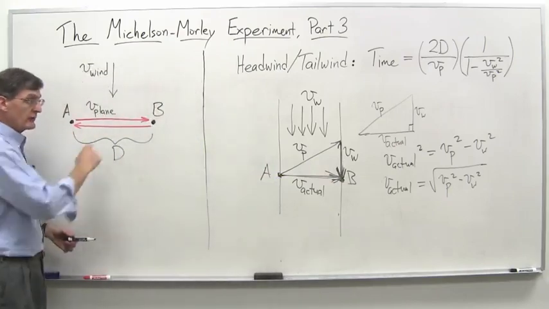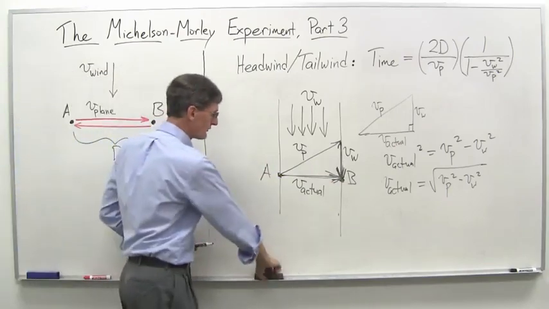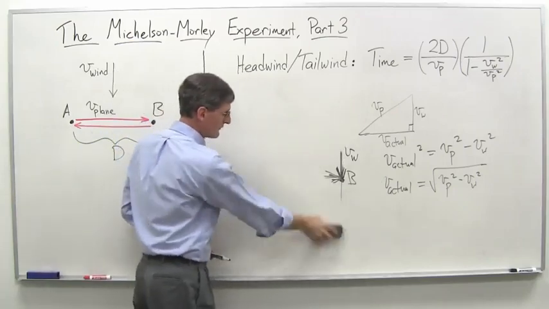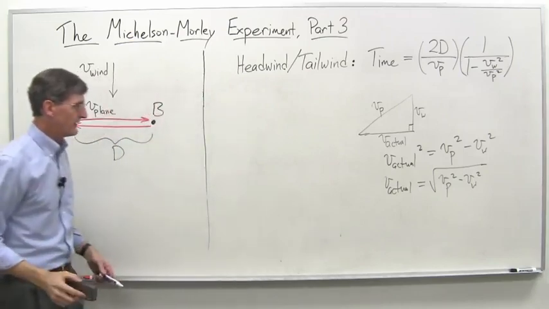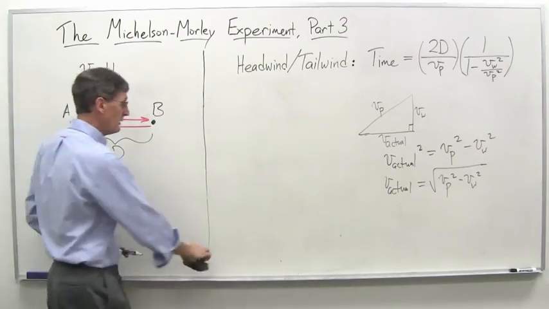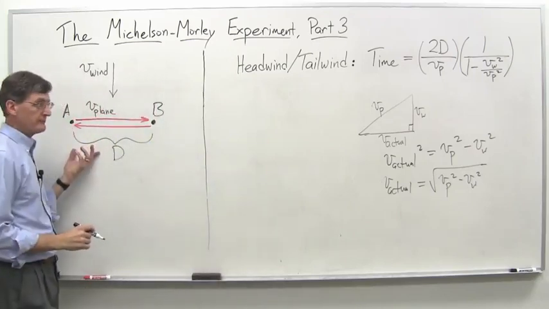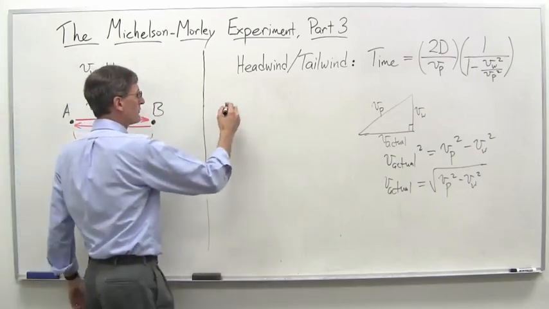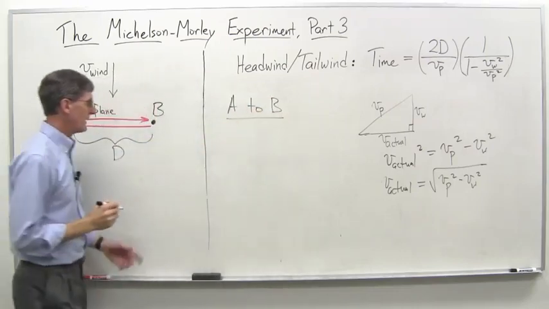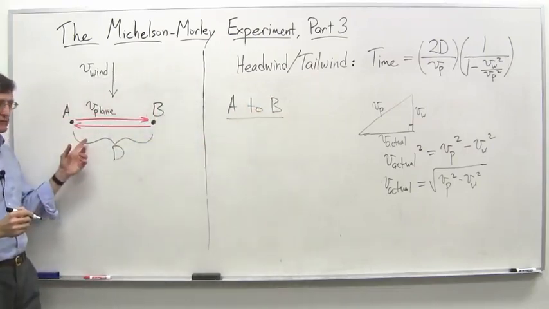And so, therefore, I can do the time now. So we'll erase our river here, or the plane situation like that. We know what V actual is now. We just found that out. So what's the time? Let's just go, first of all, A to B. The A to B travel time is going to be the distance. Right?